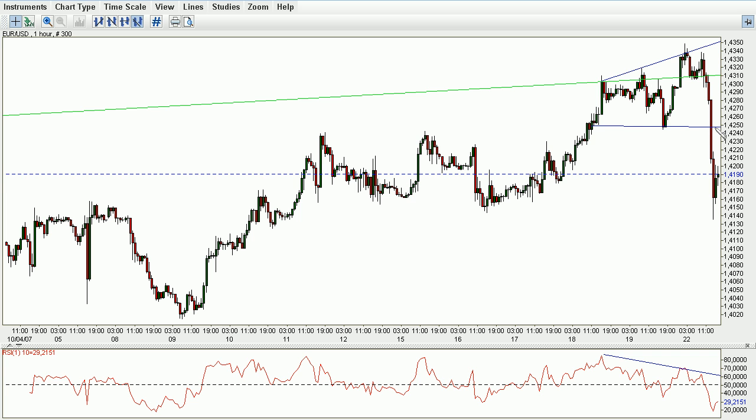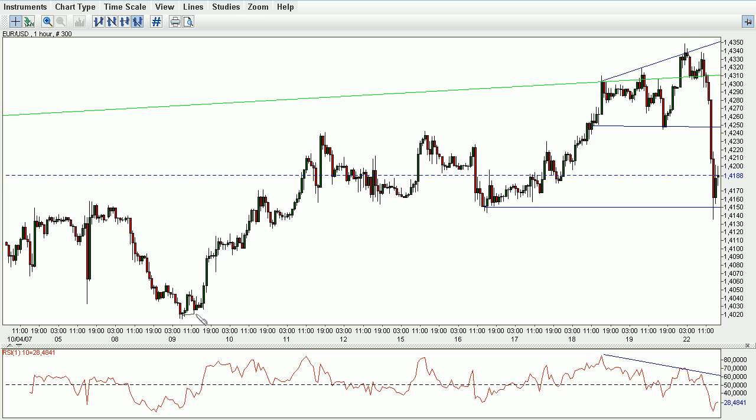Okay, so this was our initial support target, which was broken already today, and then our next important support zone is 1.4150, which has already been touched.